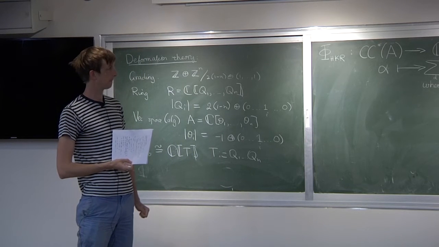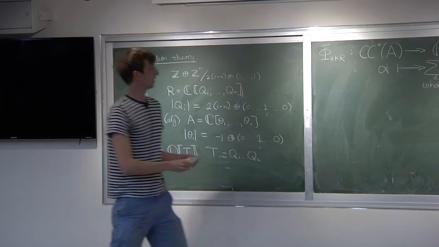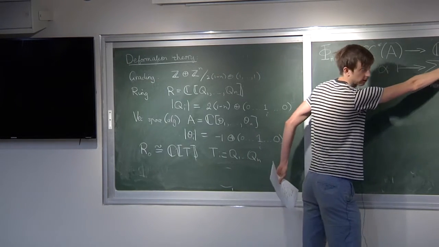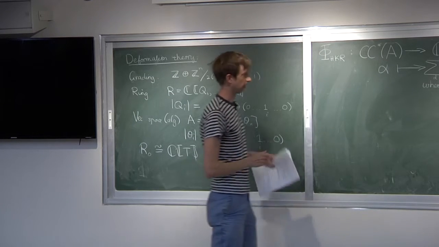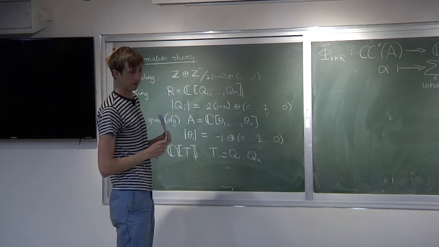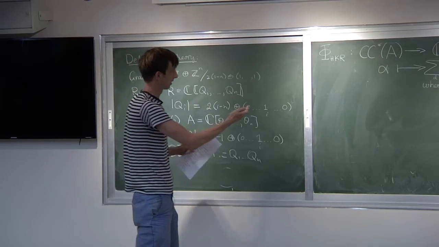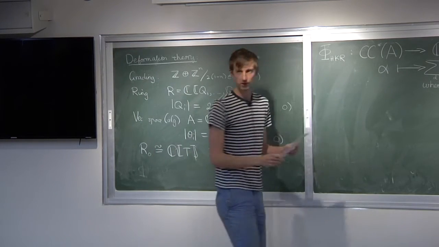Now, is the differential 0 on both sides? The differential is 0 on this side. On this side, it's the Hochschild differential. On the right side, it's 0. And this map is a quasi-isomorphism.